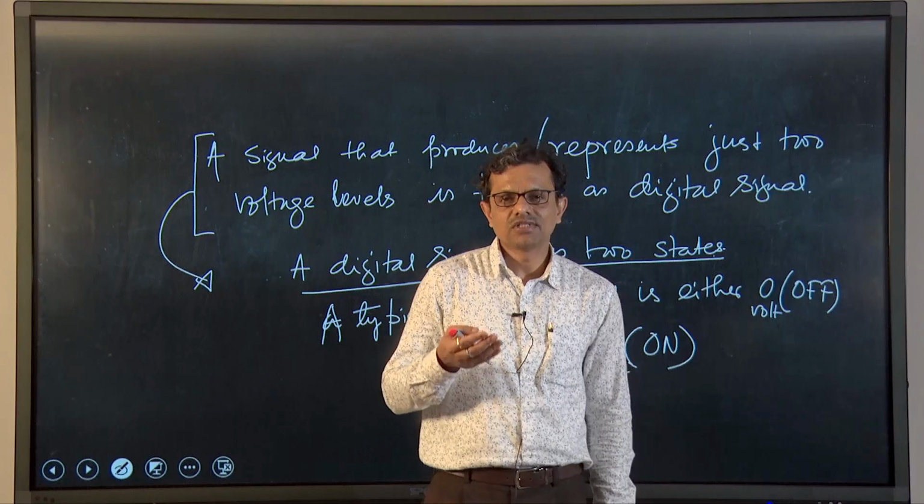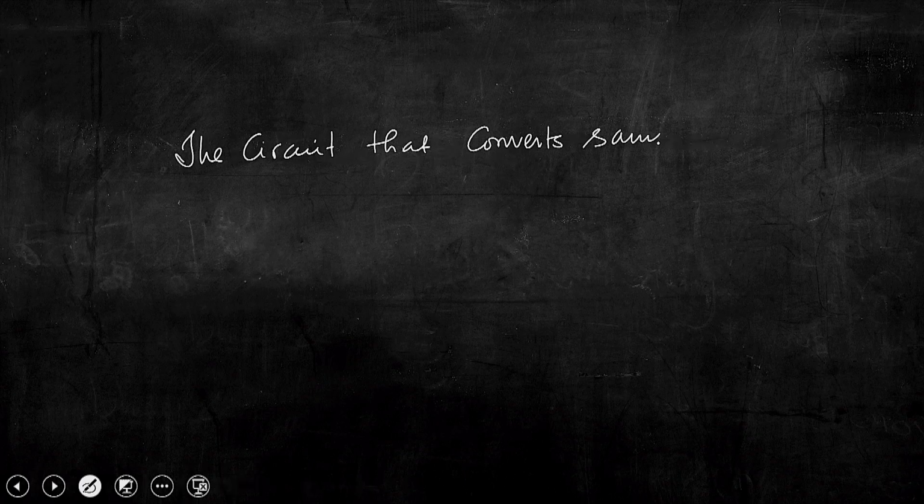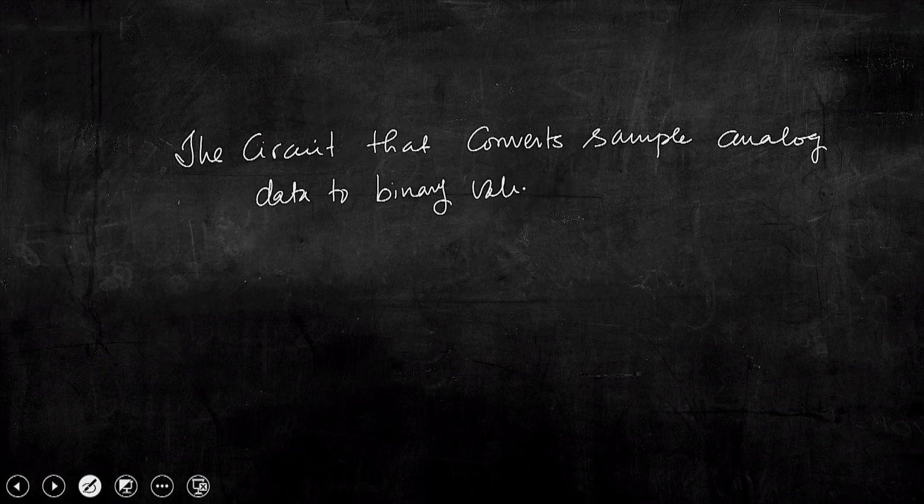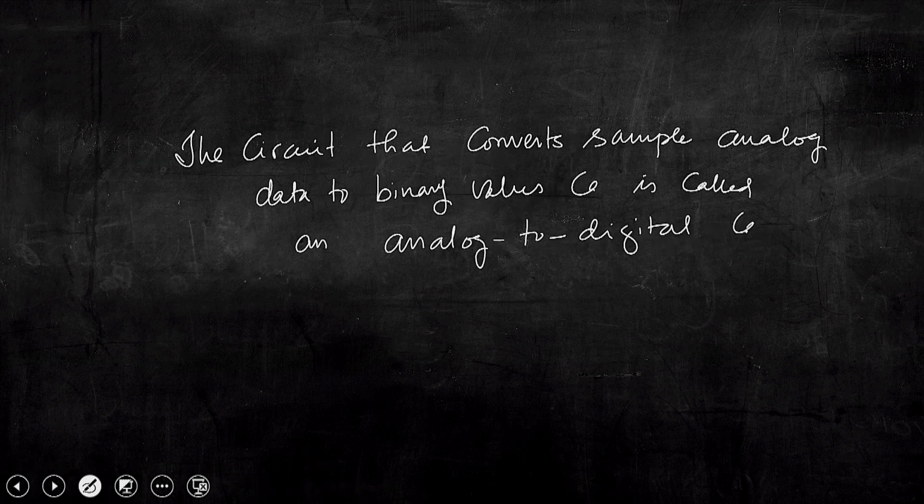So, the circuit that converts sampled analog data to binary values is called an analog to digital converter, ADC, right.